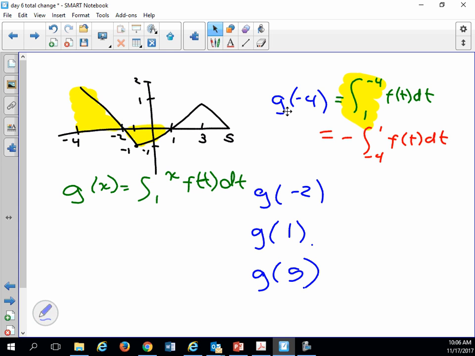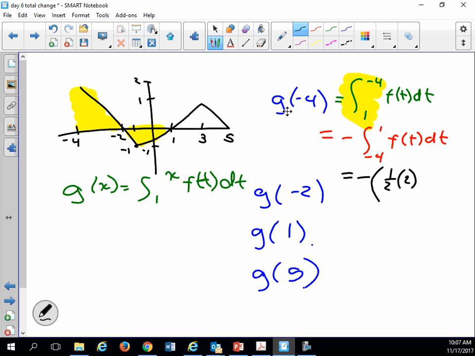I have negative parentheses, which is going to be 1/2 times 2 times 2, plus 1/2 times 3 times -1. That's 2 minus 3/2. By the way, why is it negative?